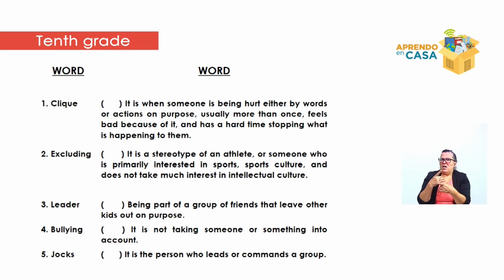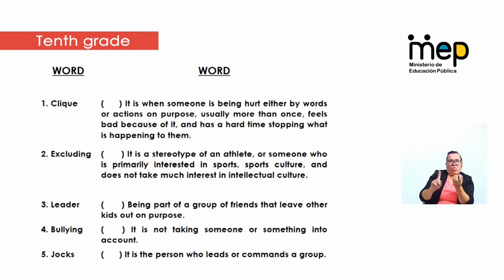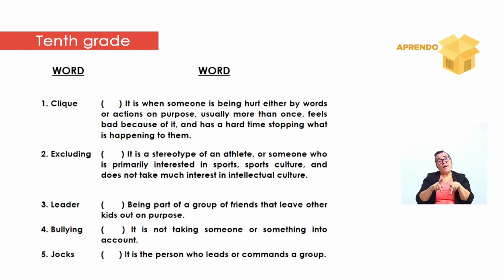Number 3, being part of a group of friends that leave other kids out on purpose. Next, it is not taking someone or something into account. And number 5, it is the person who leads or commands a group.